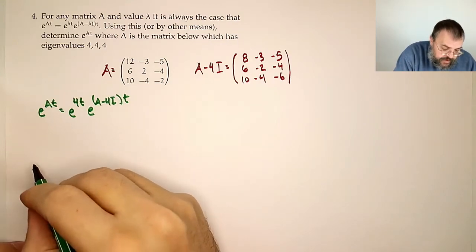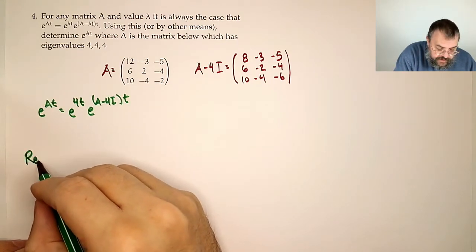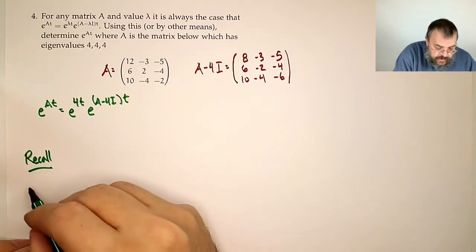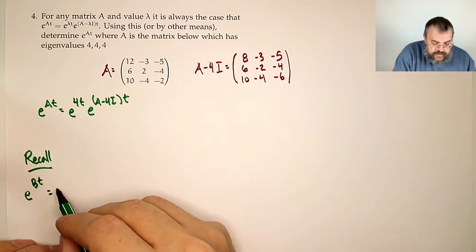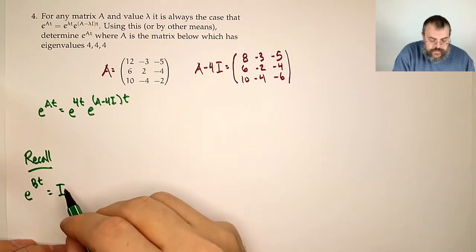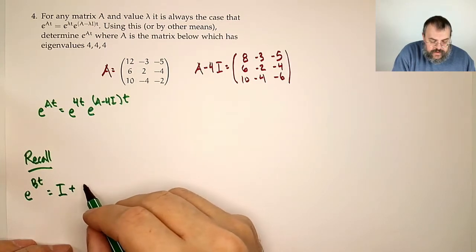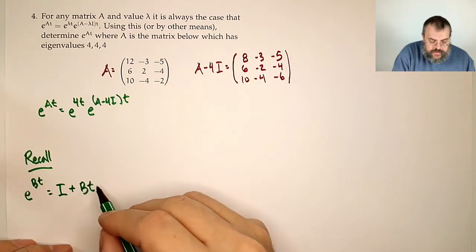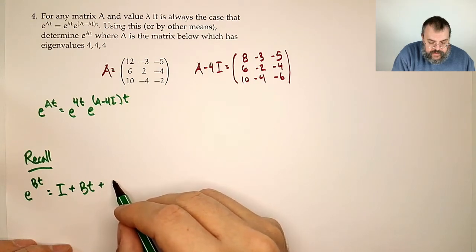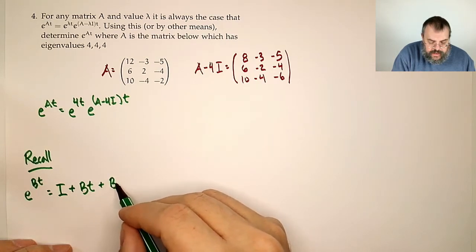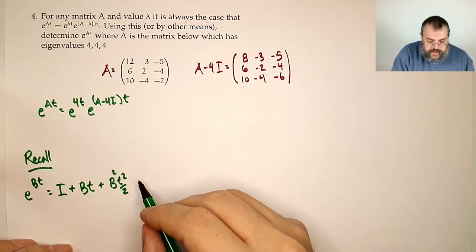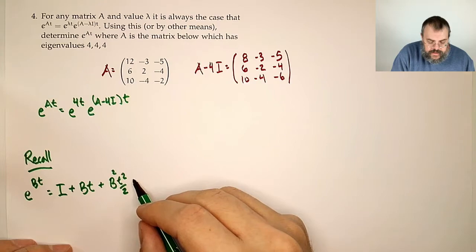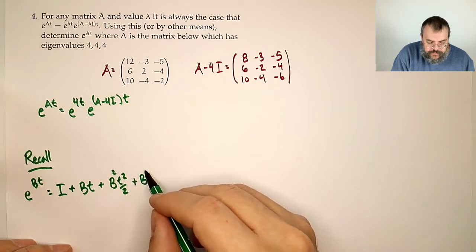Because, as I recall, we'll make a note here, if I have e to a matrix B times t, that's the identity matrix, plus B times t, plus B squared t squared over 2, and so forth and so on.